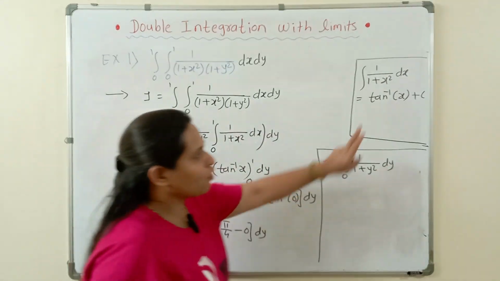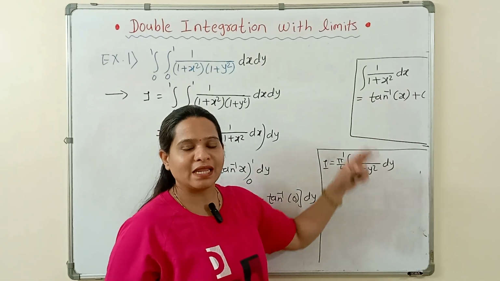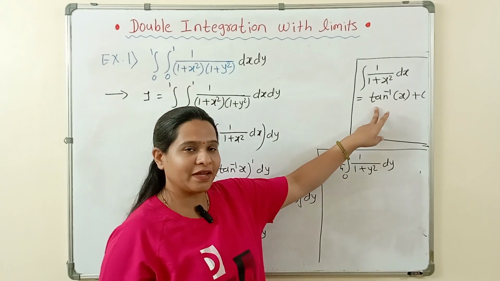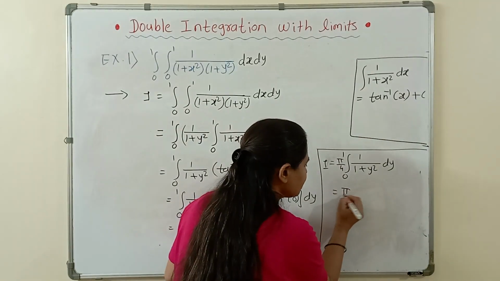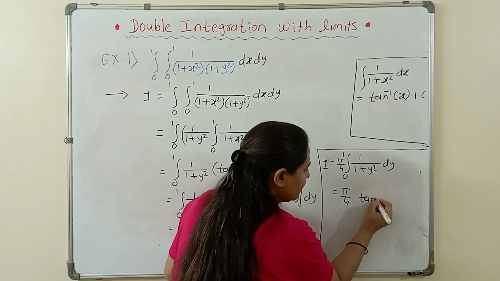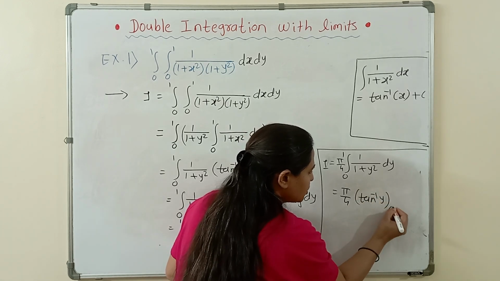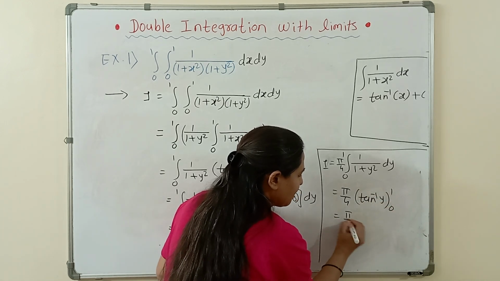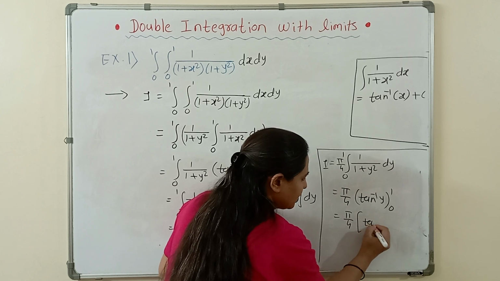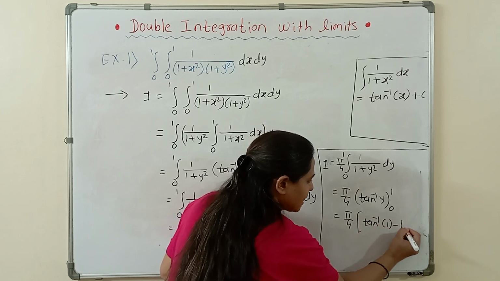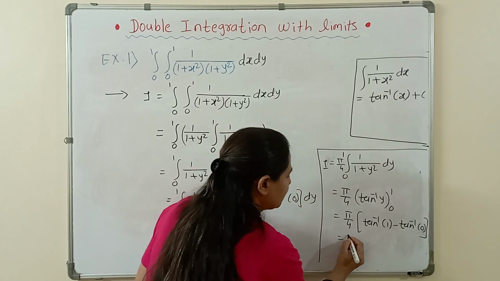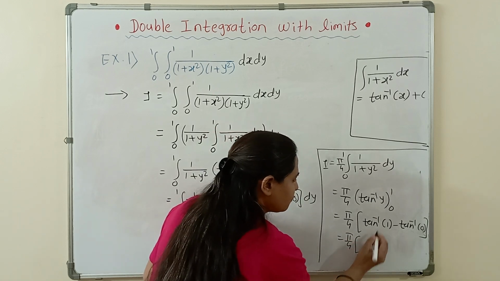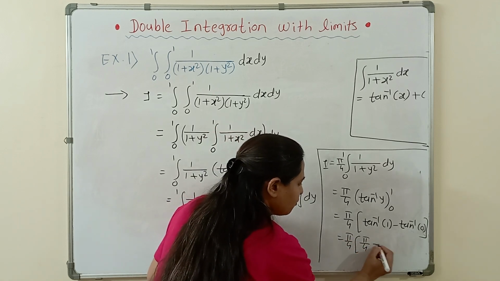Again the same formula will be applicable, only the variable is changed. Here we had the variable x, now the variable is y. So the formula is again the same, tan inverse of y, and the limit is from 0 to 1. So it will be pi by 4 into tan inverse of 1 minus tan inverse of 0. As we have discussed earlier, it will be pi by 4 into pi by 4 minus 0.